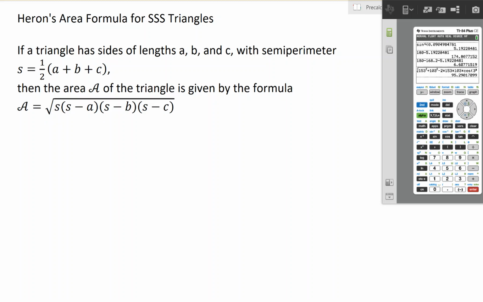If you add the 3 sides together and take half of it, that's half your perimeter or your semi-perimeter. Then the area of the triangle is given by this formula. Again, they put this in script here so it doesn't look like angle A. So the area is the square root of semi-perimeter times the semi-perimeter minus A times the semi-perimeter minus B times the semi-perimeter minus C.